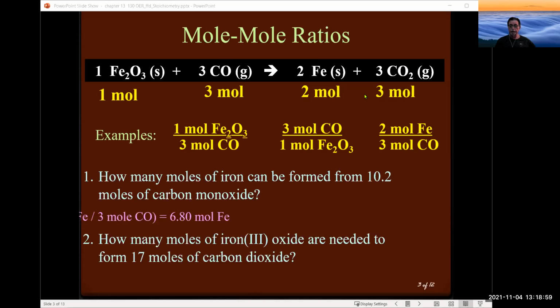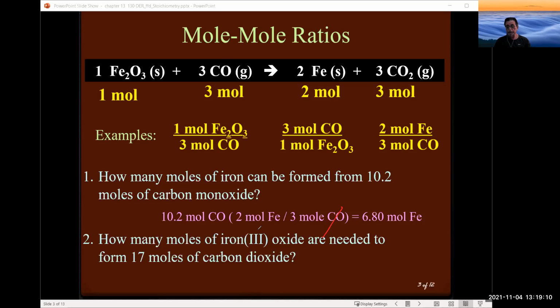Okay, that's just showing the stoichiometry. So here I got 10.2 moles of carbon monoxide. My relationship is a 2 to 3. Okay, my carbon monoxides cancel out. I'm left with units of iron, which is what the question asked for. And so my answer is 6.80 moles of iron.